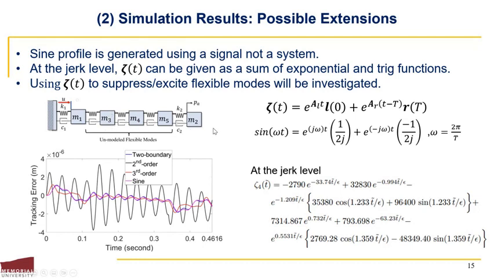To understand the similarity, using Euler identity, the sine signal does in fact exhibit the same structure proposed in this study as can be seen from the provided equation. At the jerk level, zeta 4 can be given as the sum of exponential and trigonometric functions as given in this mathematical expression.